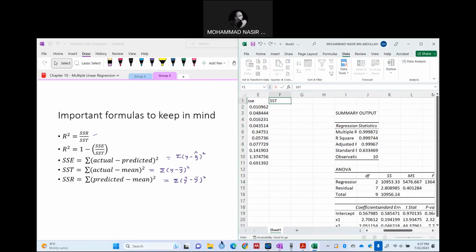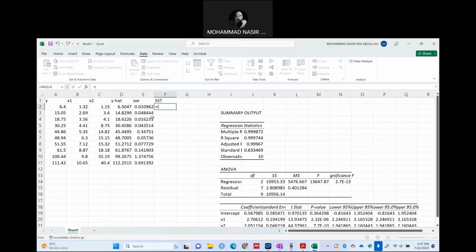So SST equal to Y minus, I think I calculate the mean first, okay?